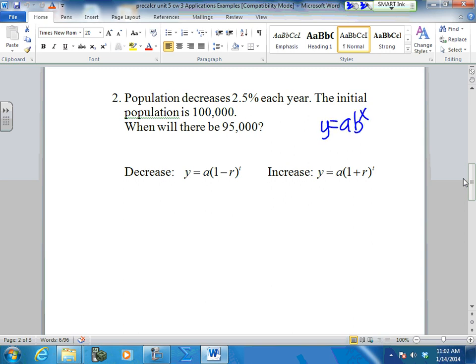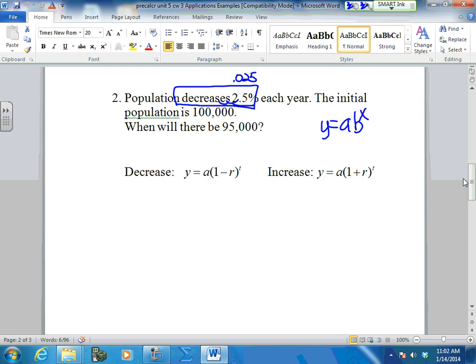Anytime you do an exponential, we're basically looking like this, AB to the x. Now, a population is decreasing by 2.5% a year. Let's first take that percent and turn it into a decimal. What would my decimal be for this percent? 0.025. Same rule, move it 2 positions.